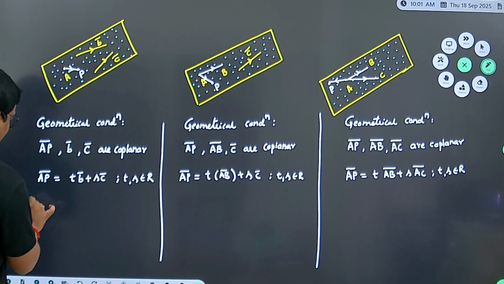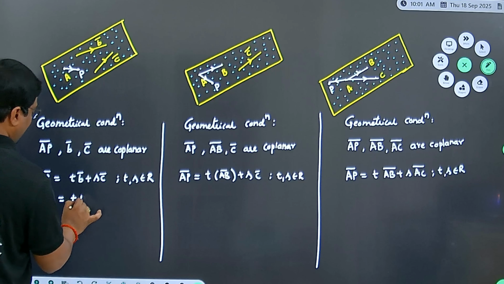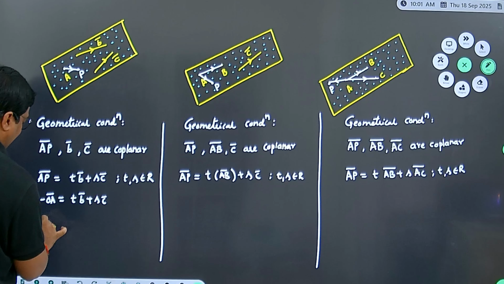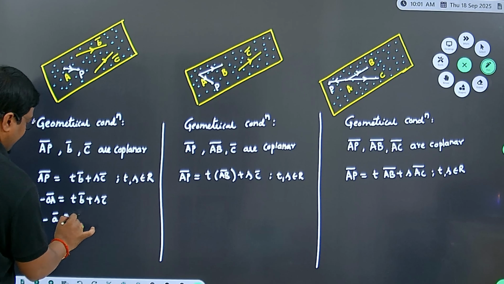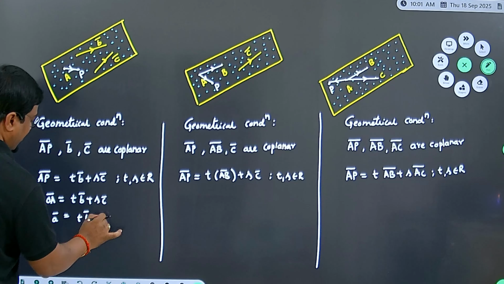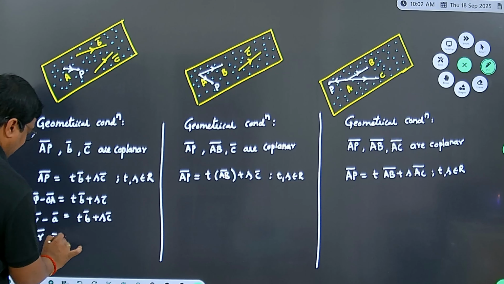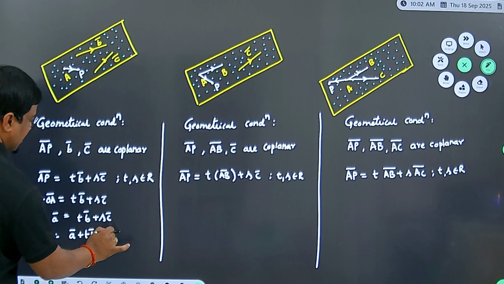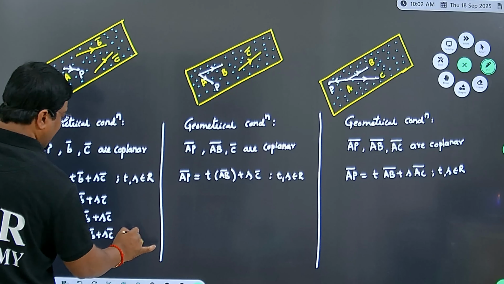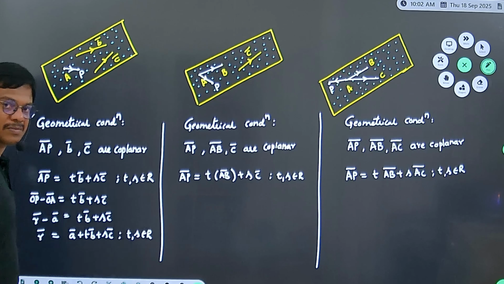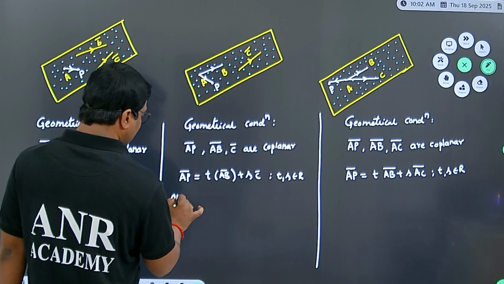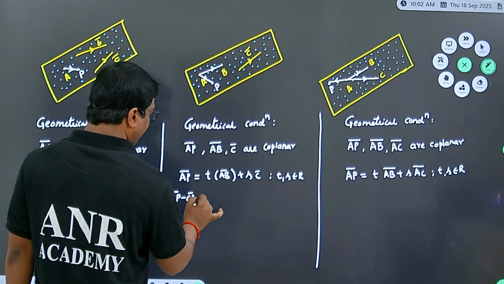AP vector is OP minus OA, and the right hand side tB, sC as it is. OP vector is R vector and this is A vector. Now finally we get R bar equal to A bar plus tB bar plus sC bar, where t comma s both are real values. Next here, AP, that is OP minus OA.